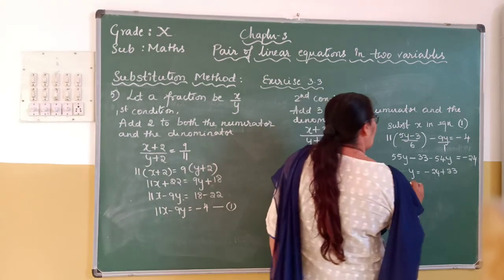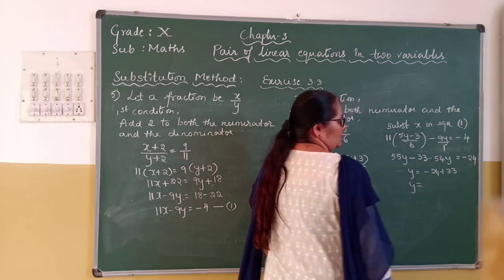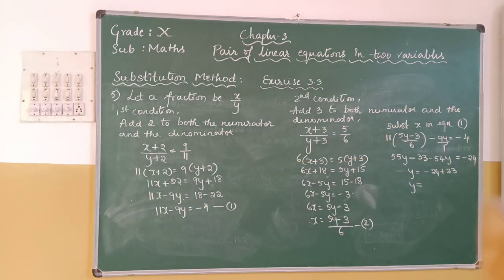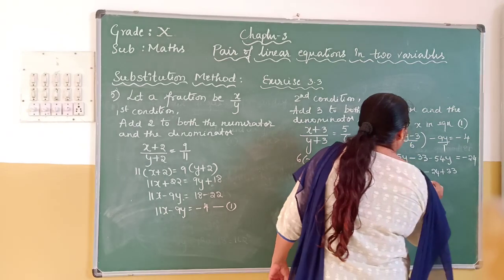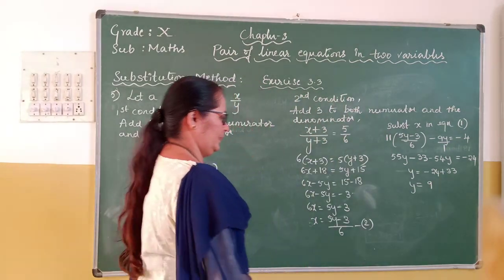So y equals, now 33 minus 24. What is 33 minus 24? 9. So y equals 9.